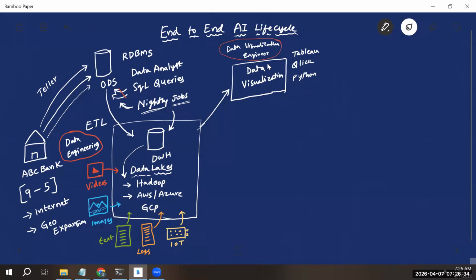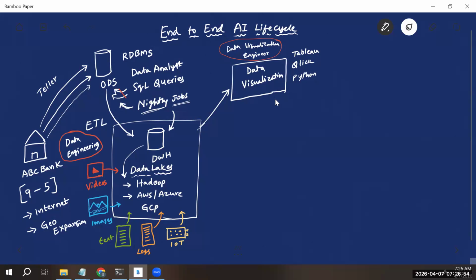That's one prominent work, where we call them BADAs, business analysts and data analysts. They are the ones who are visualizing the data, creating reports, doing some transformations, loading the data, and all that stuff.